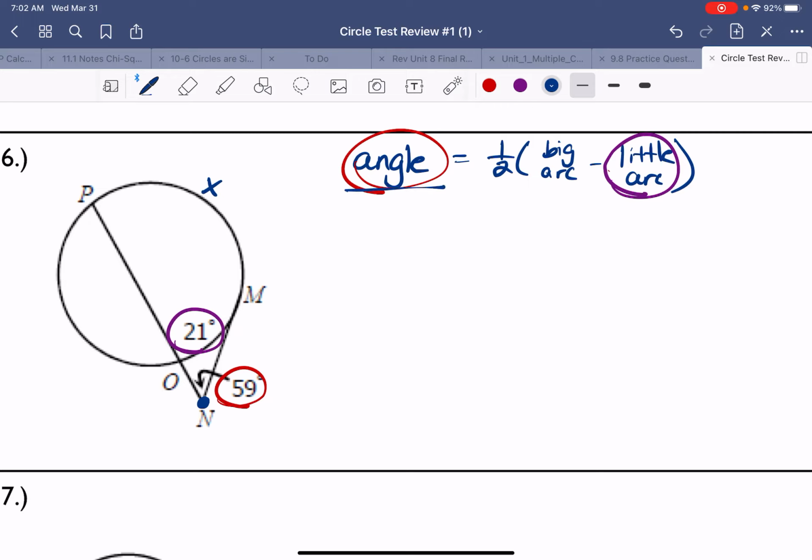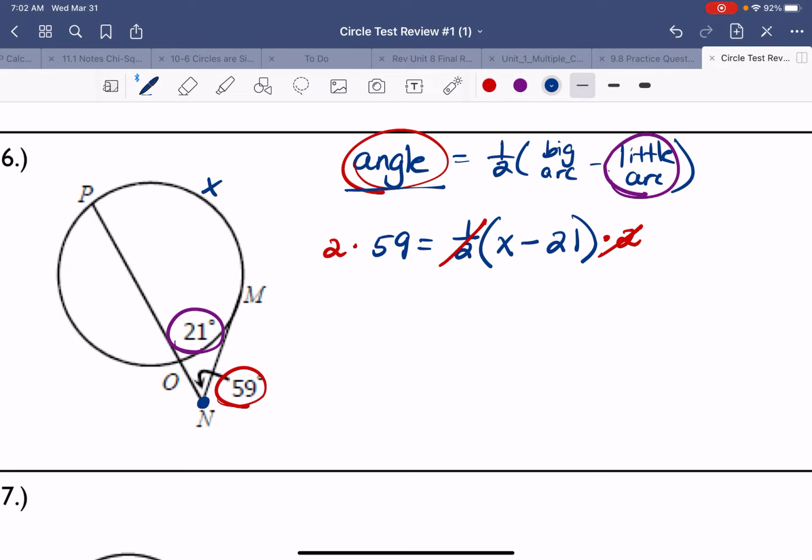So my angle was 59. So that's equal to 1/2 the value of the big arc, which is X, minus the little arc, which we now know is 21. And you guys need to make sure that you practice getting rid of this fraction. So I'm going to multiply both sides by 2. The 1/2 and the 2 cancel out.